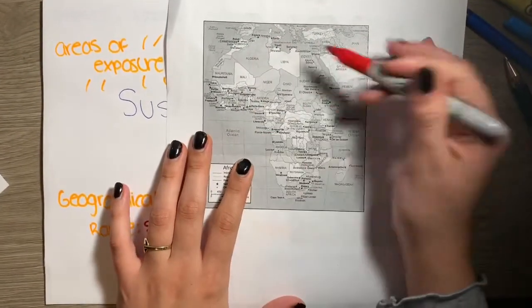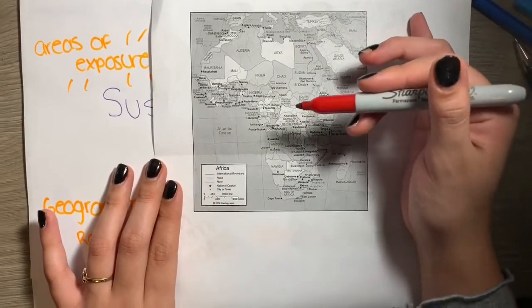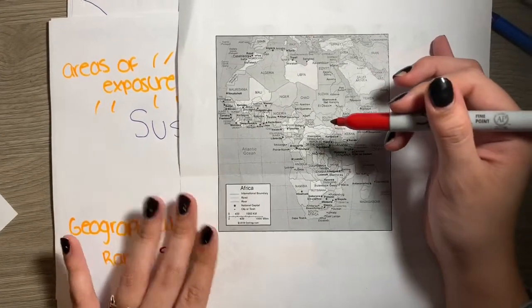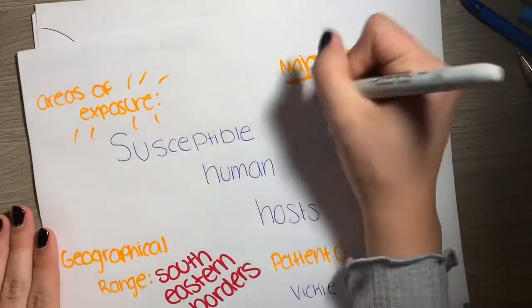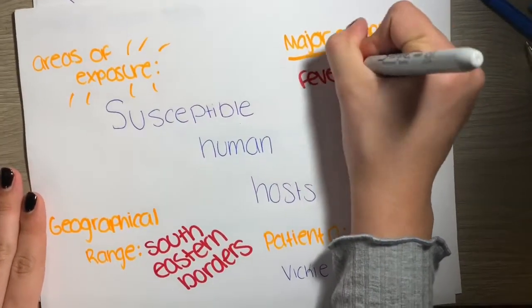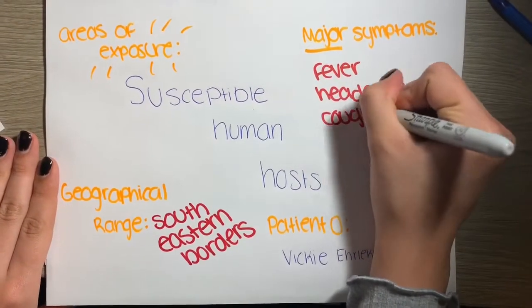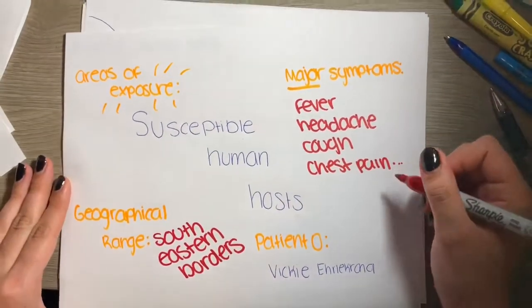Here's an example of an area that they would most likely be. Some major symptoms included fever, headache, cough, chest pain, quarter spot, bronchospasm, myalgia, pneumonia, and bacteremia.